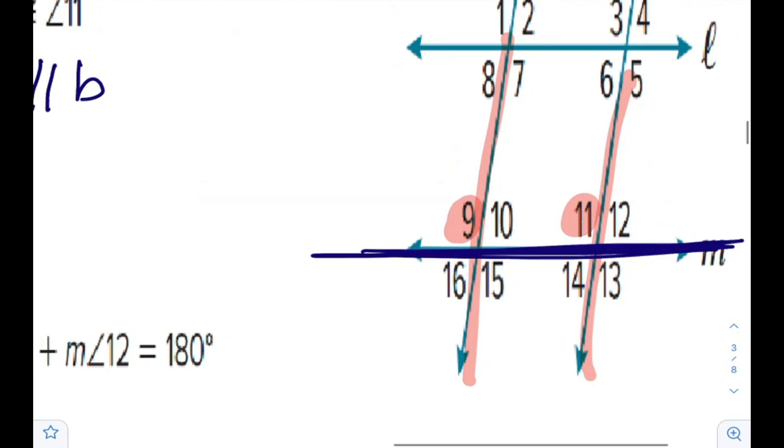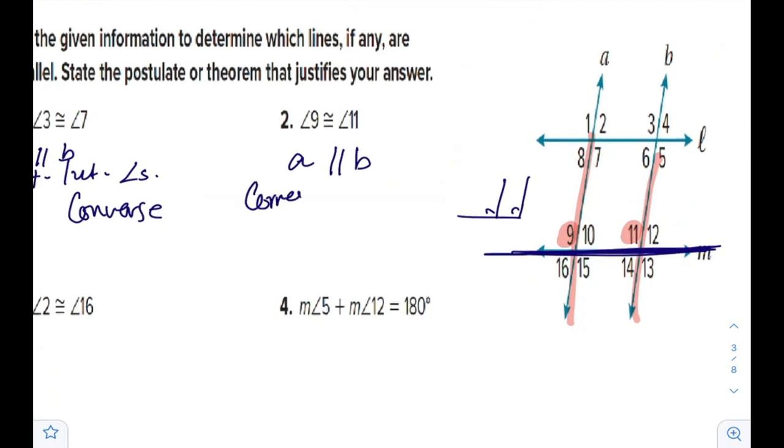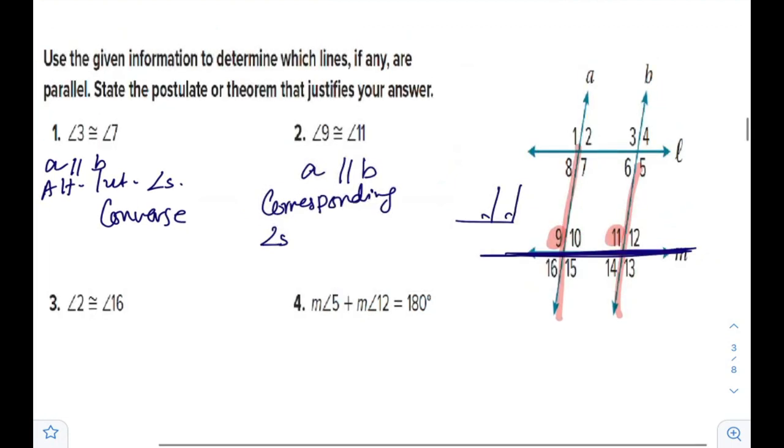Yes, they look like, as you see, the letter F. So they are corresponding. That means line A is parallel to line B according to the corresponding angles converse, or postulate.